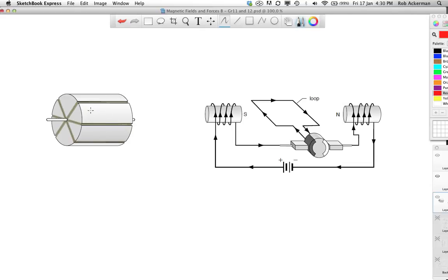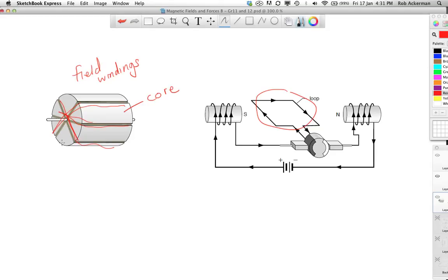First of all, we don't need to use just one loop here. We could actually take an iron core, a permeable core, and wrap many sets of wires around it. These are called field windings, and by having many of these, we will have a stronger force.